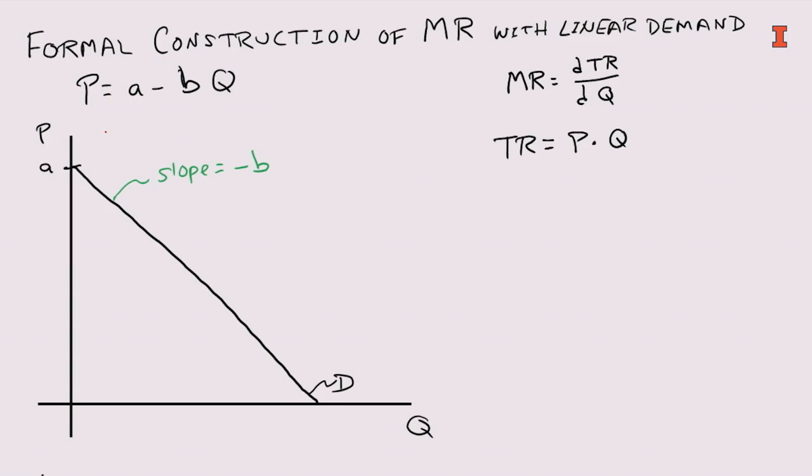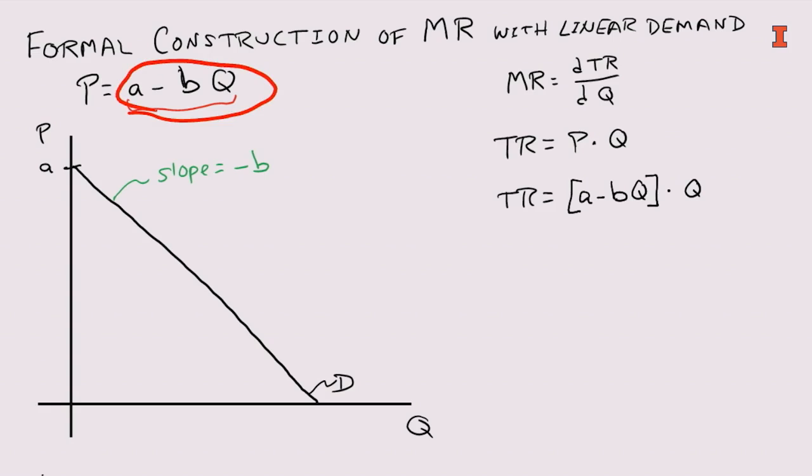So what we're going to do is take this A minus BQ and substitute it in. We'll write, therefore, total revenue is equal to price times quantity, but we can rewrite that by understanding that price is just A minus BQ, so we'll put A minus BQ times Q. That's all I've done: take this straightforward algebraic form and substitute in for P, because we know from up here that P is just A minus BQ.